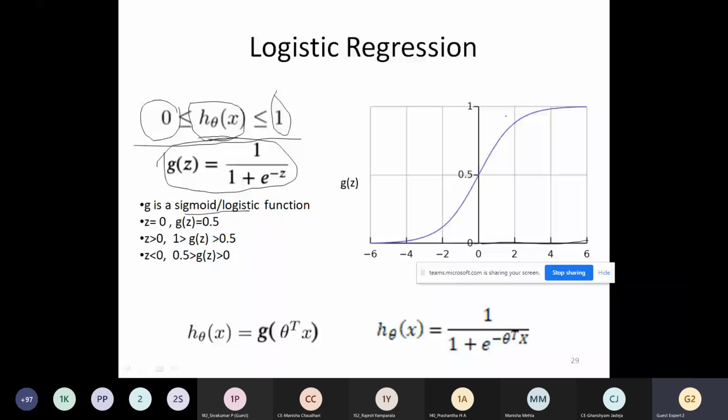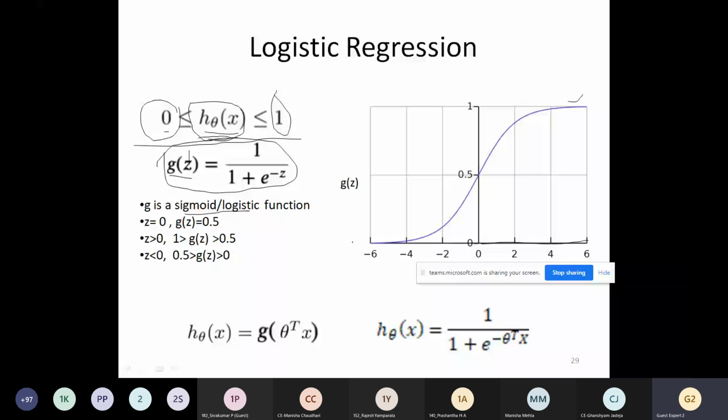So what we have done is, we want h theta x between 0 and 1. If I pass this h theta x function into g, I will get a value between 0 and 1, because this sigmoid function always gives values between 0 and 1.